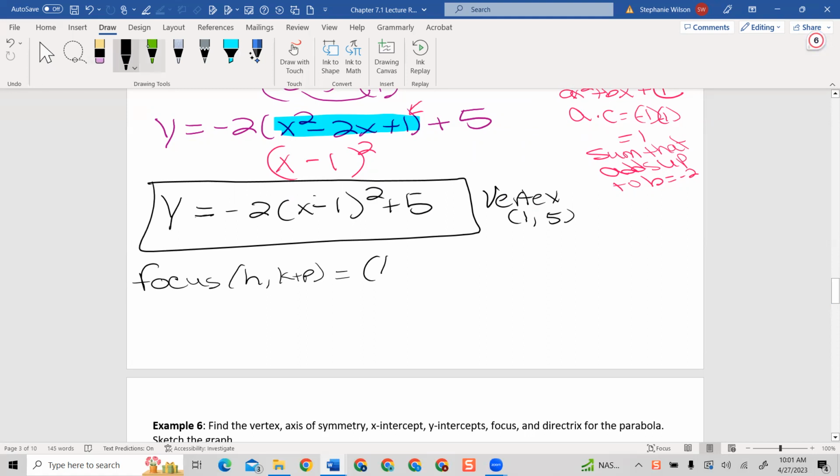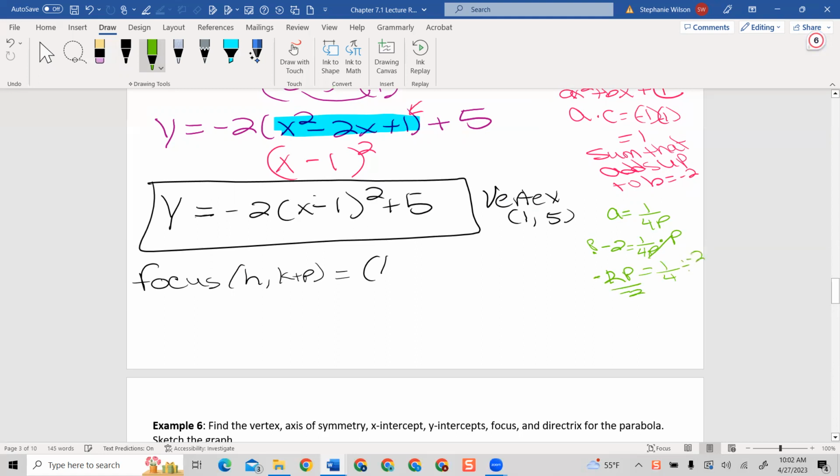We're going to use the formula of a equals 1 over 4p. We know what a is. a is -2. I'm going to multiply the p by both sides, right? To undo that, to get it out of the fraction. So now I got -2p is equal to 1/4. I'm going to divide by the -2.